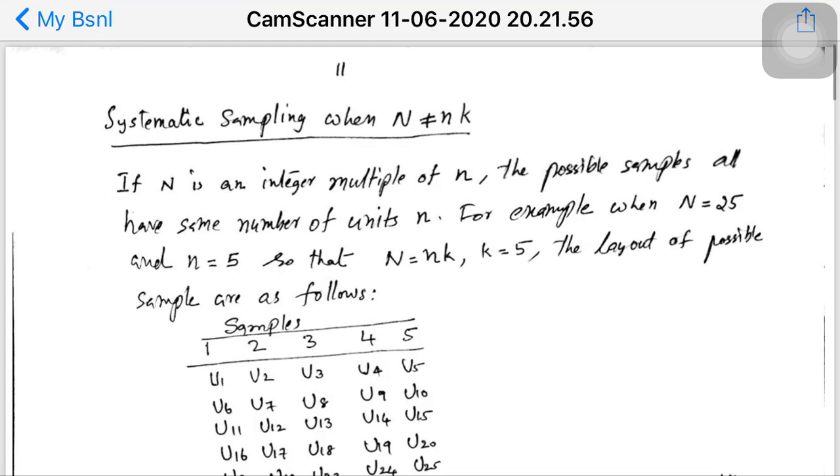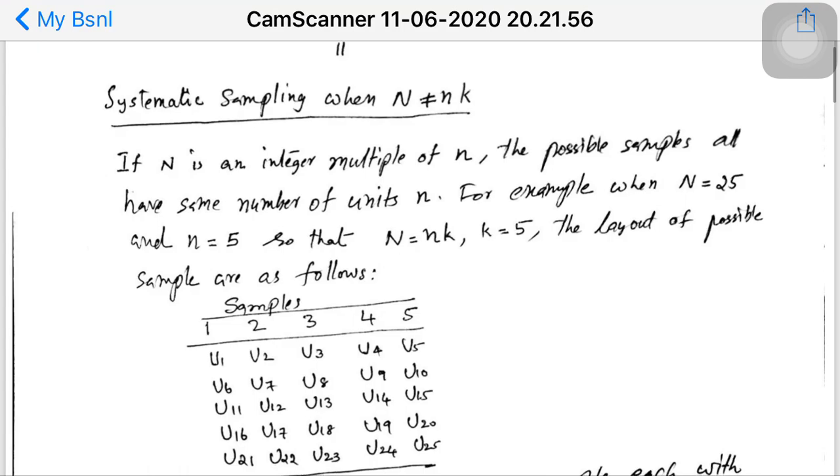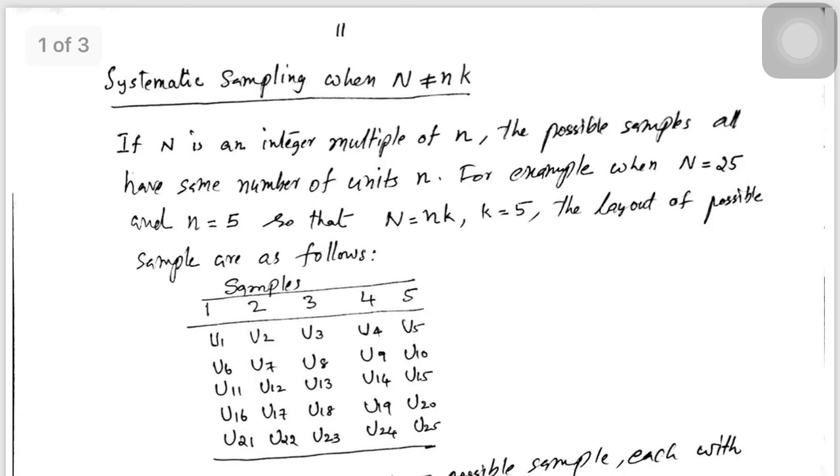Before going for such a case, you see what will happen if capital N is equal to nk. Suppose capital N is an integer multiple of small n, as in the example. Suppose N is equal to 25 and small n is equal to 5.